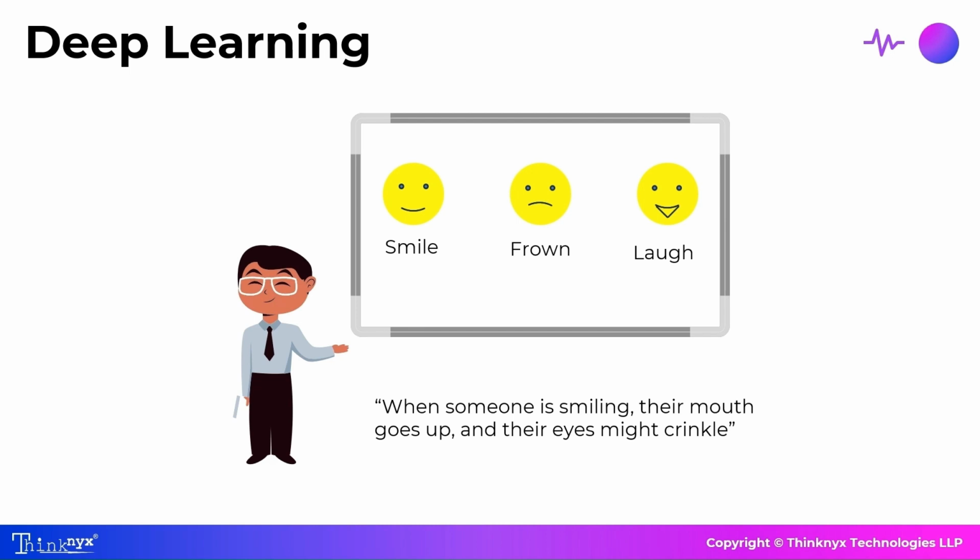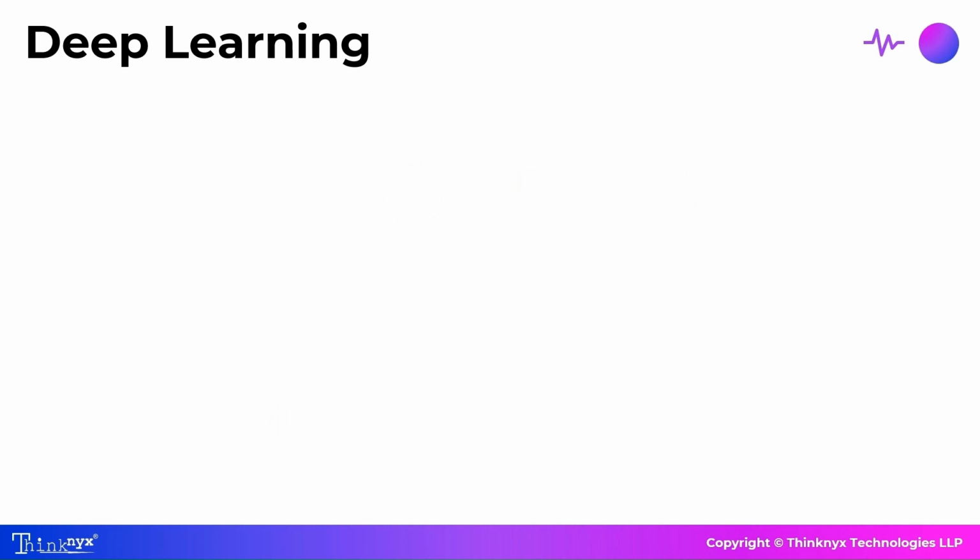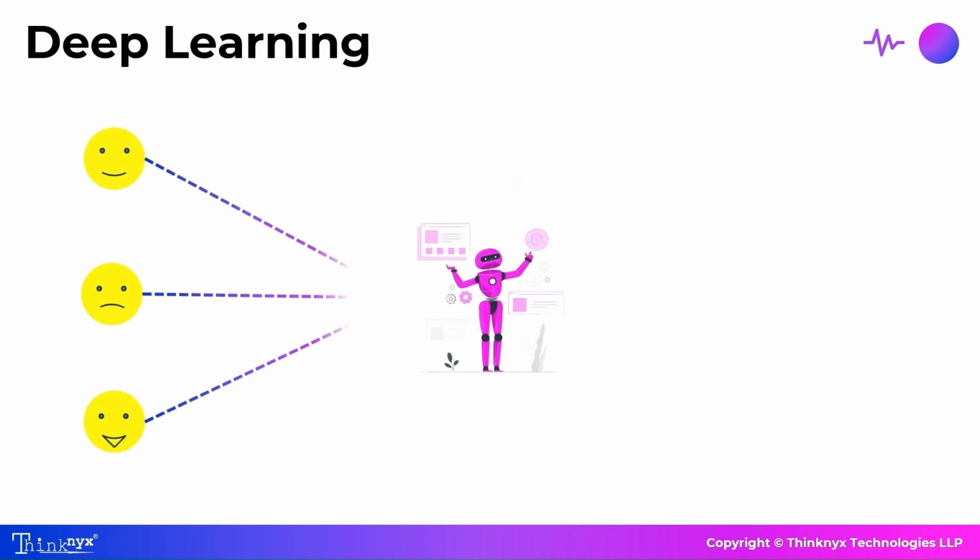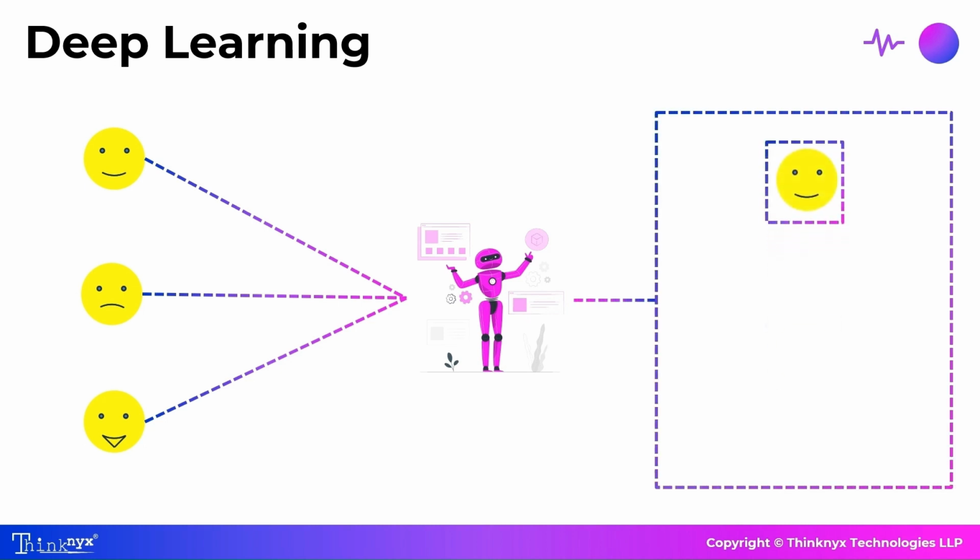Now let's say you have a big stack of photos showing multiple faces with different emotions. Instead of telling the computer what features to look for, you let the computer look at lots and lots of photos and figure them out on its own. Over time, the computer learns that when someone is smiling, their mouth goes up and their eyes might crinkle without you having to explain it.